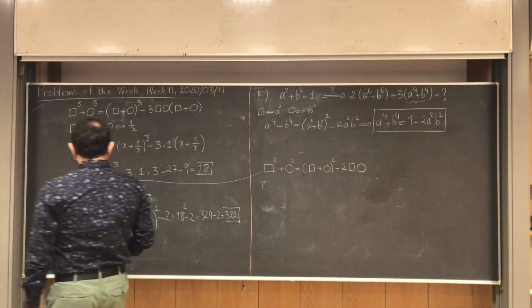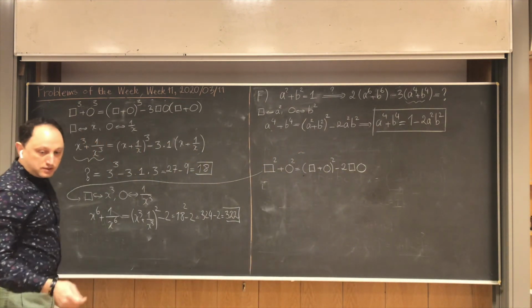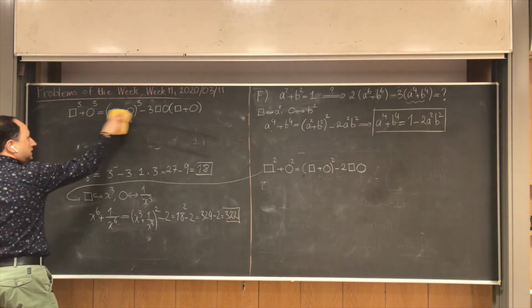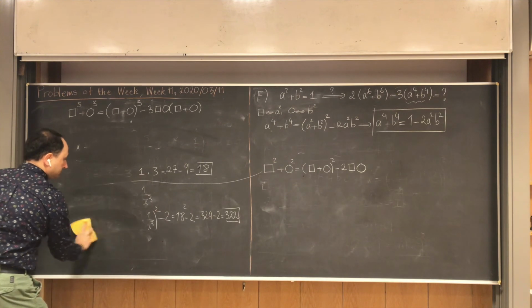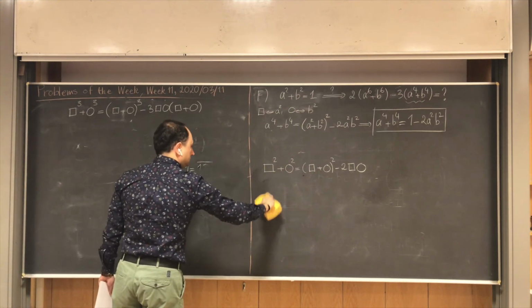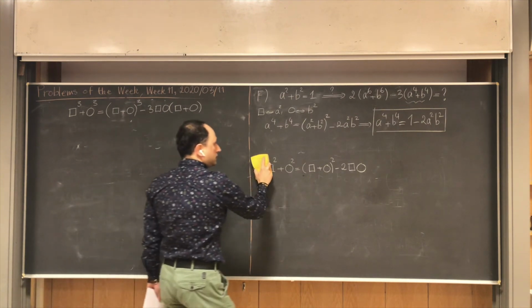But then let us go back here. So let us clean the extra pieces. I don't need them. I need this identity once more. Okay, so I can clean this one as well.